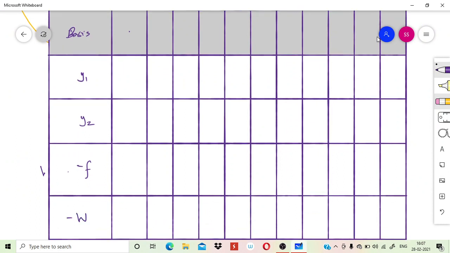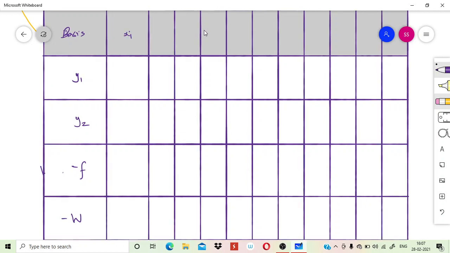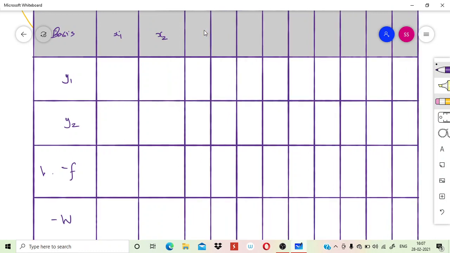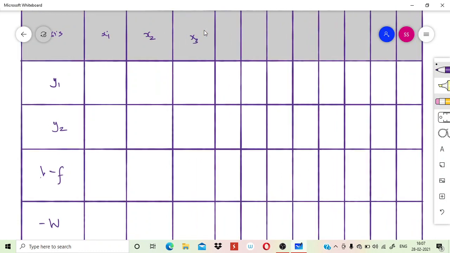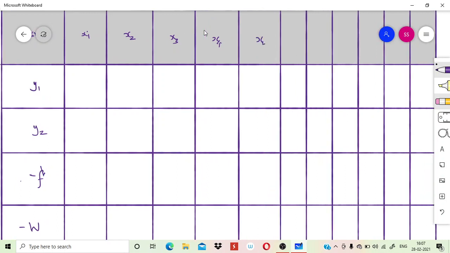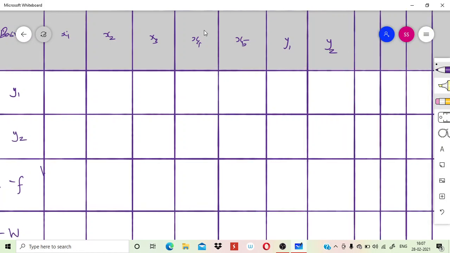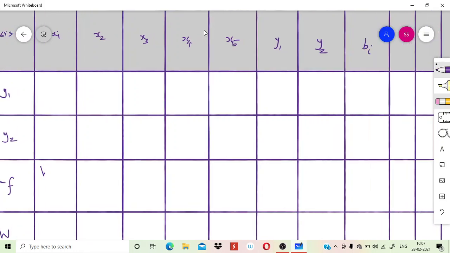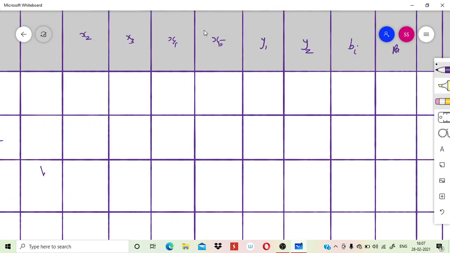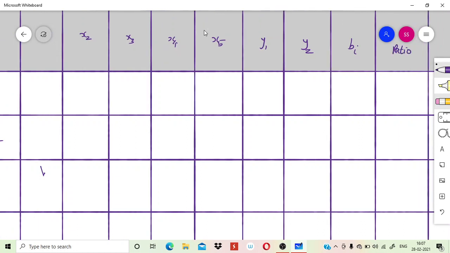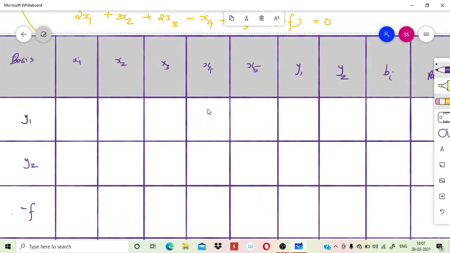And here we have x1, x2, then x3, x4, x5, y1, y2, then bi, solution, then ratio. Okay, so this is our table.